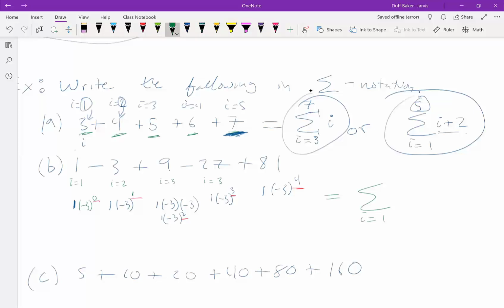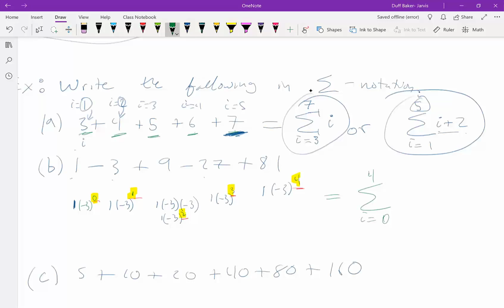Okay, I guess there's sort of 2 ways you could think about this. Let me emphasize the way we just were talking about. So in there, this 0, we were thinking of this part as our I, right? So if that's the way we're thinking about it, then we would start at 0, and we'd go up to 4.